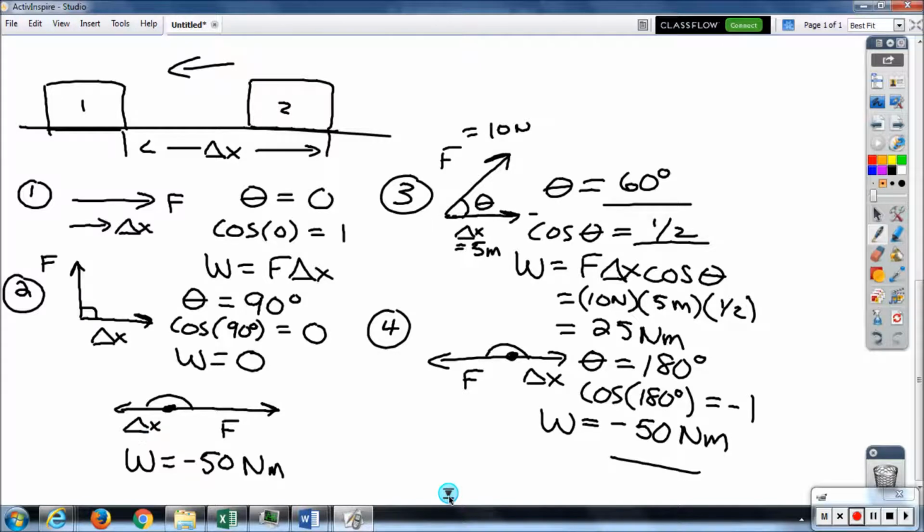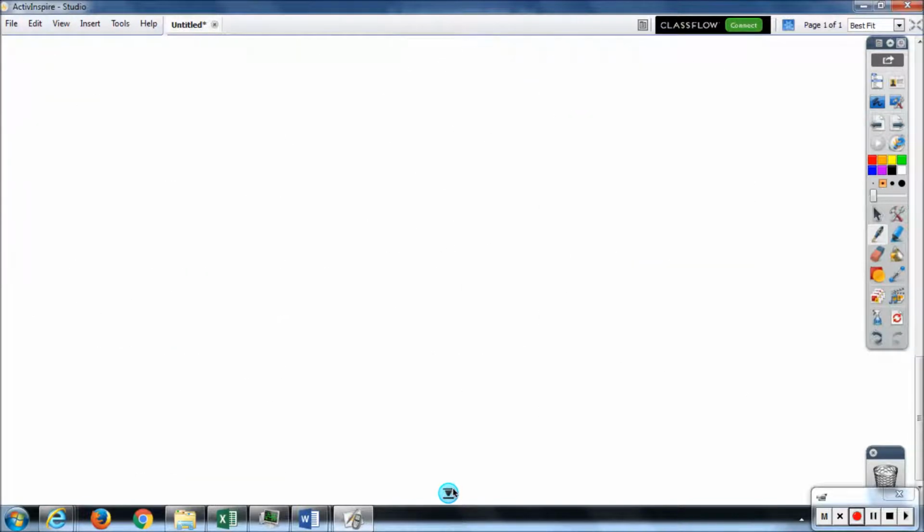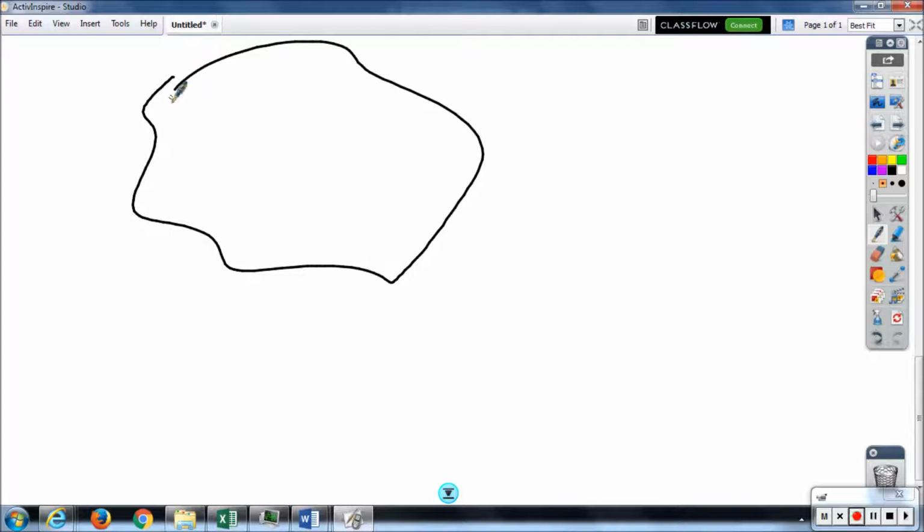Okay, so the next idea is how work relates to energy. And here we had originally described the fact that the energy is what gives a force the ability to do work. So we assume that if forces are doing work, that they had energy.